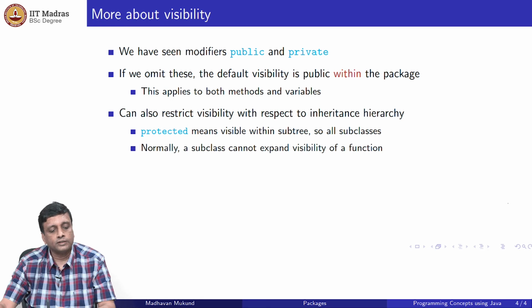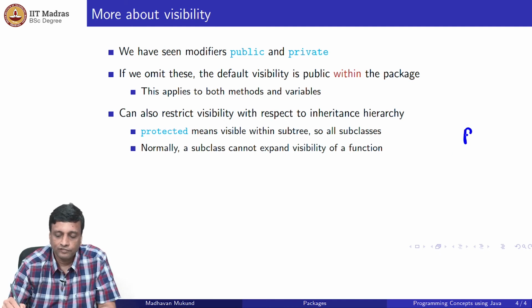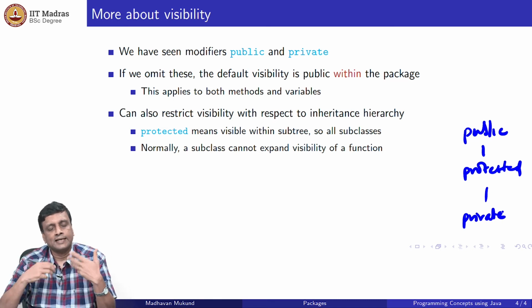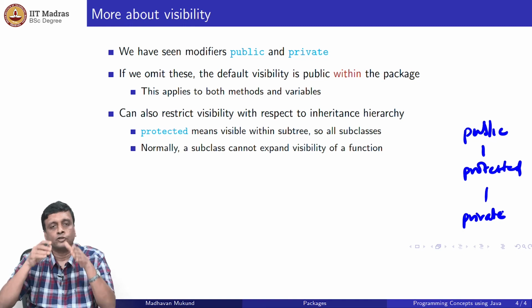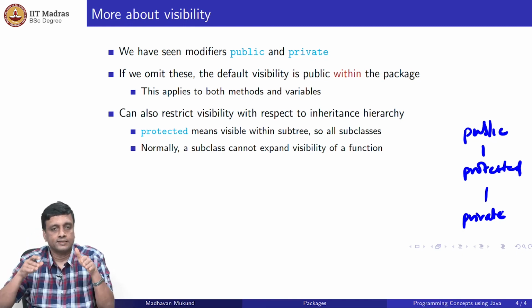So, if you think of restrictedness within a hierarchy, private is the most restricted. If I declare something to be private, then nothing below me can see it, only I can see it. If I declare something public, not only everything below me, but any class anywhere can see it, and protected means it can only be seen in this hierarchy. So, protected is limited public, it is public within the instance hierarchy.